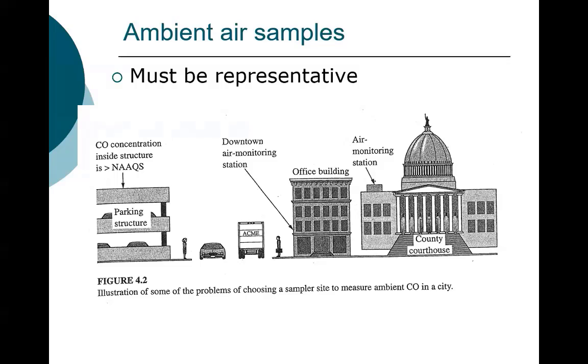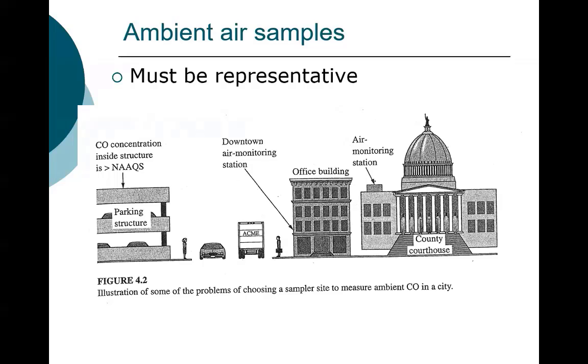If we put it on the roof of the building up here, we'll likely see lower levels than what most people are exposed to, because there'll be dispersion of that carbon monoxide. So that isn't representative of what people are breathing. If we put it somewhere in the parking structure, it's likely to be greater than what most people are breathing.